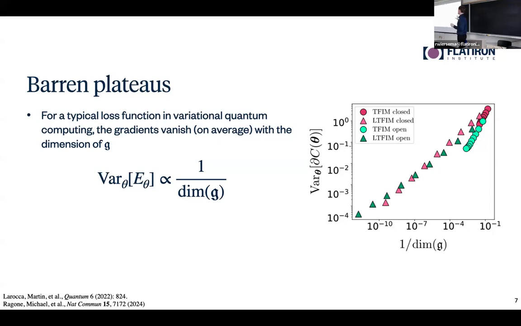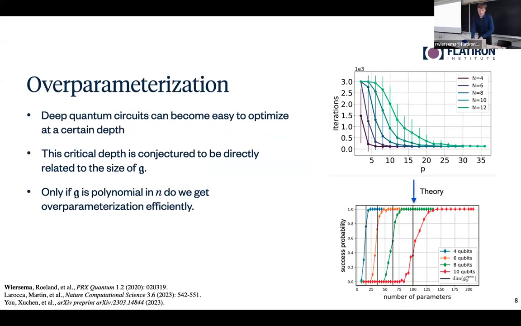This means that if this thing is exponentially big, you're going to have a very bad time training your variational quantum circuits. So this is also why it's good to know for which kind of circuits you will have this problem.